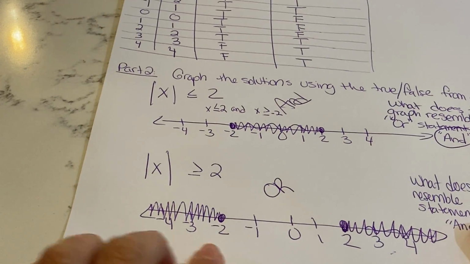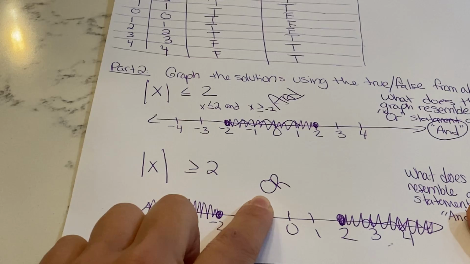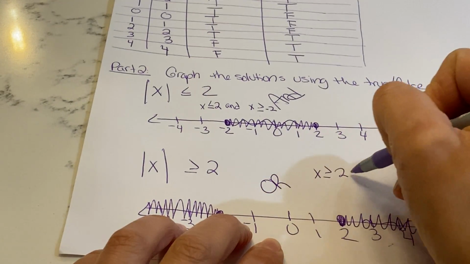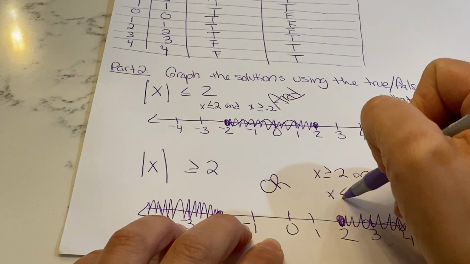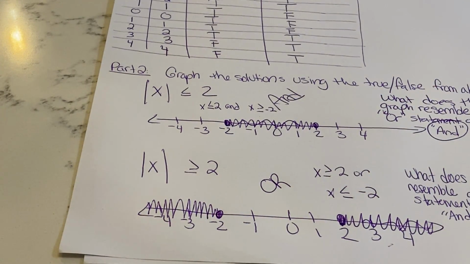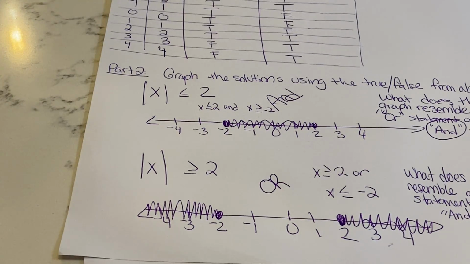Look at this one. Greater represents an or. So x is greater or equal to 2, or x, flip it, is less than or equal to -2. All right, so this is your discovery. So now you understand where the and and the or are coming from.